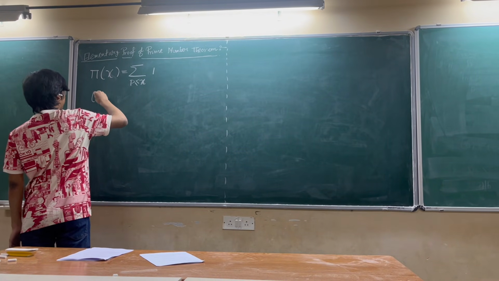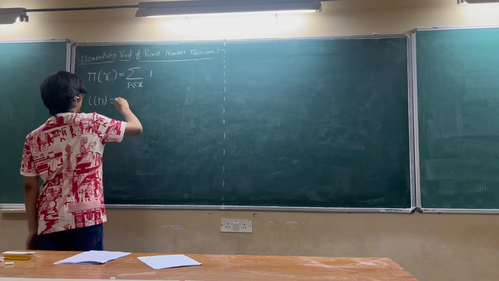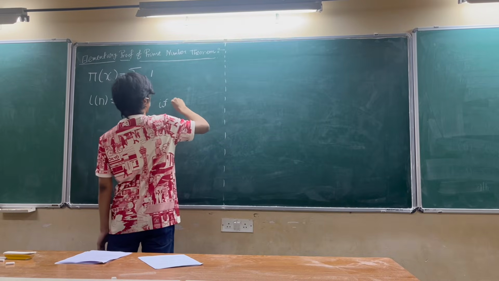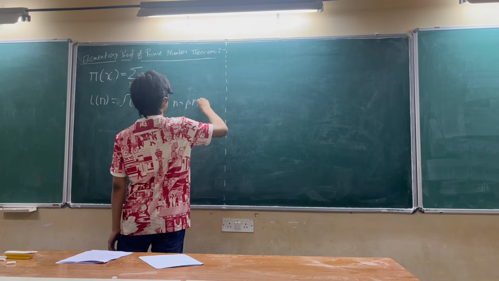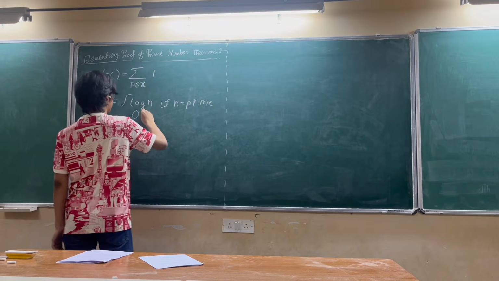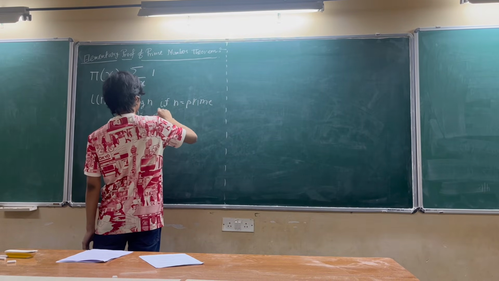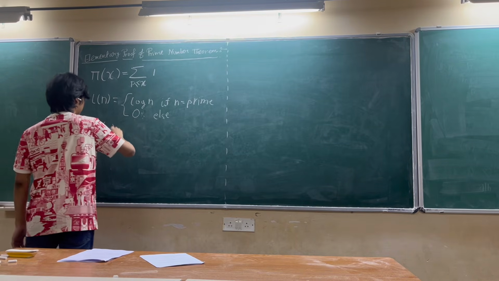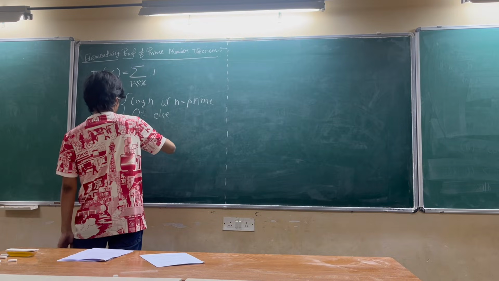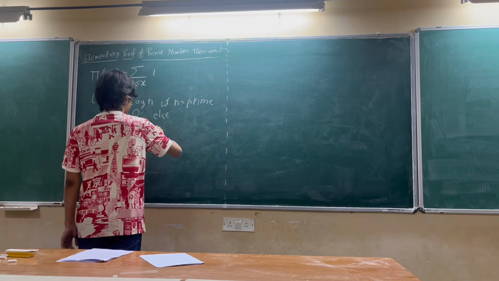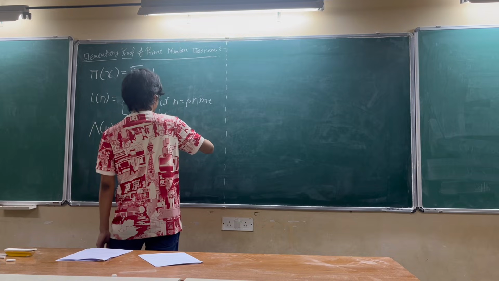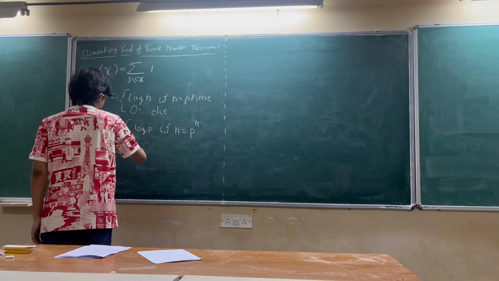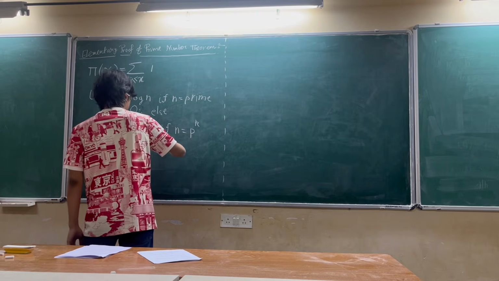So first of all, we define small l of n as log n if n is prime, 0 else. Then we define the von Mangoldt function lambda as log p if n is of the form p to the power k with p some prime, 0 otherwise.